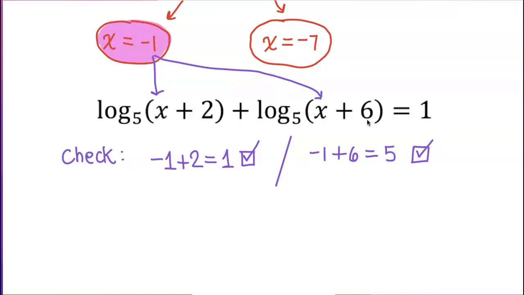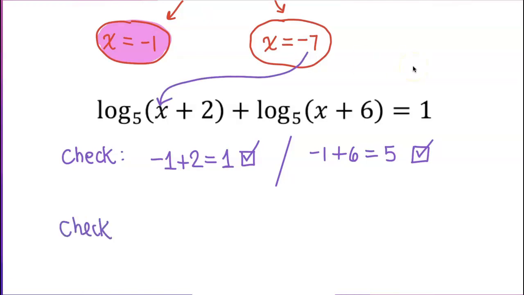Now it's time for us to plug in negative 7. If I plug in negative 7 into this first log argument of x plus 2, what will happen? I'm going to get negative 7 plus 2, which is negative 5. A log argument cannot be negative or 0.